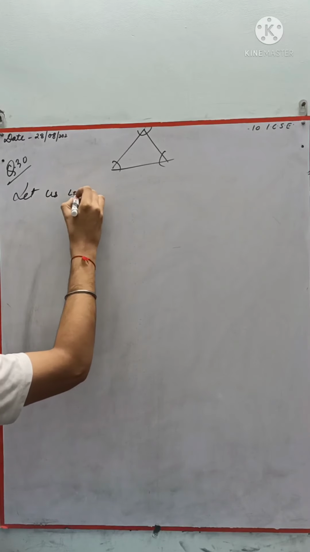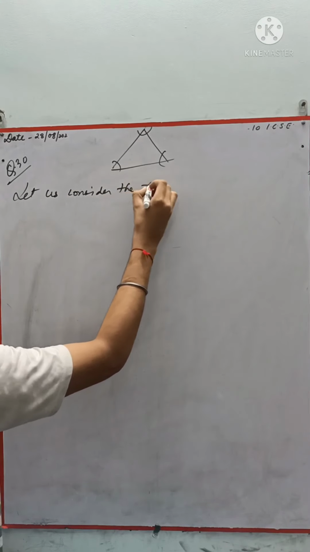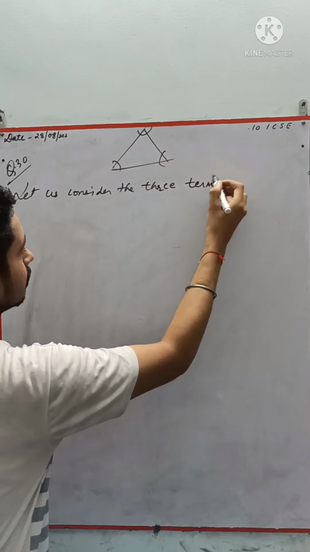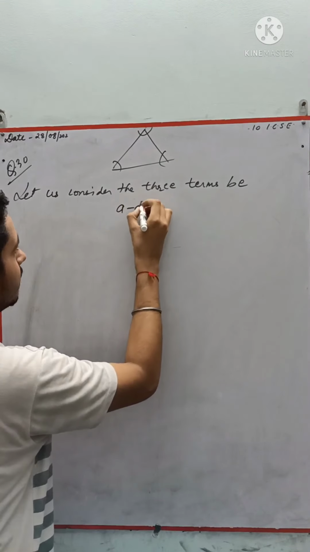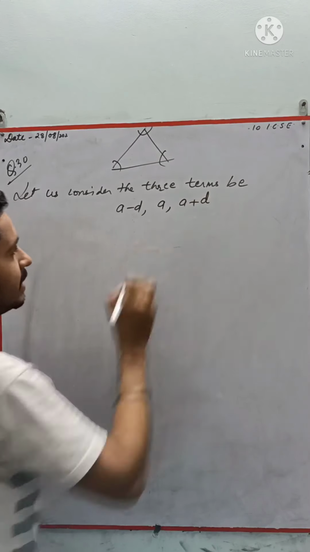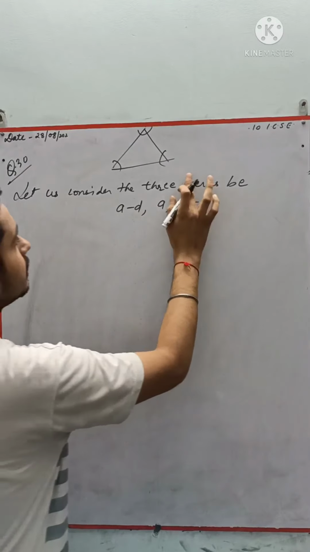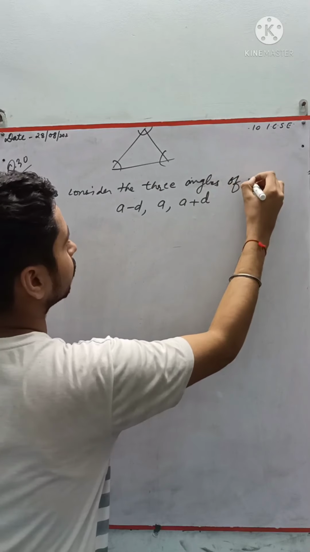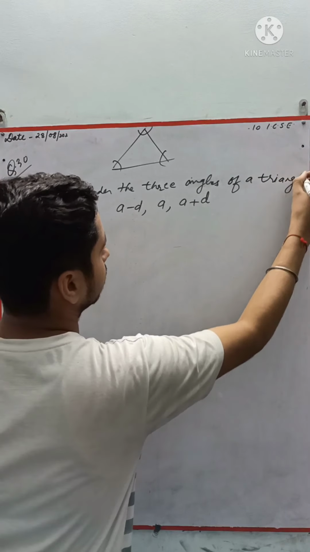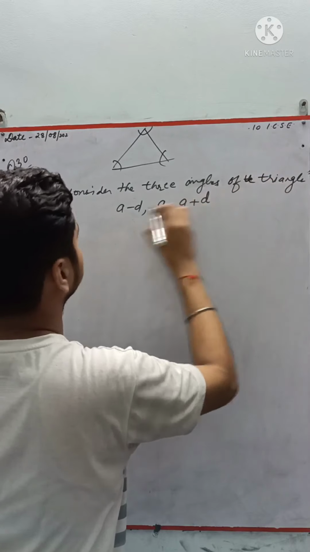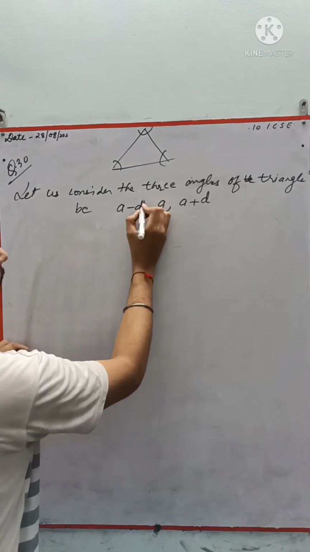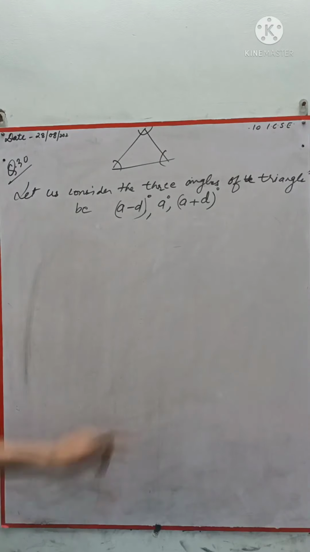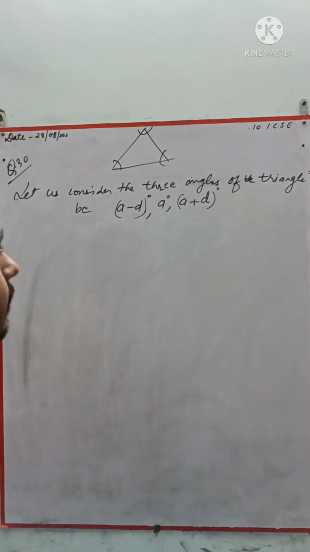Let us consider the three angles of the triangle as A minus D degree, A degree and A plus D degree. Degree we have to use because this is in degree.